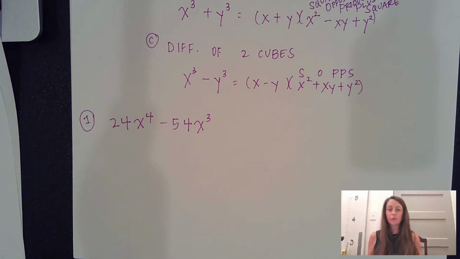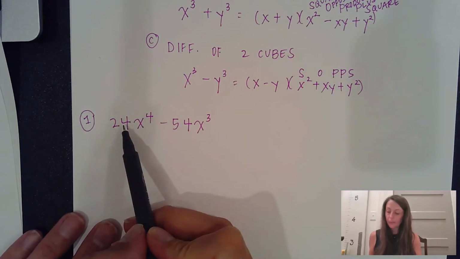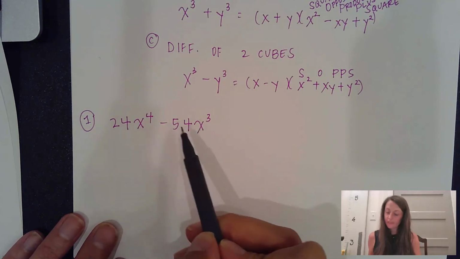I've got a 24x to the fourth minus a 54x cubed. So what is the greatest common factor? What do I have in common here? Okay, I have a number. I have 24 and I've got a 54.